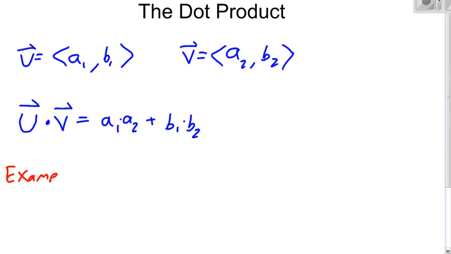So let's look at an example. Say u is ⟨3, -2⟩ and v is ⟨4, 5⟩.